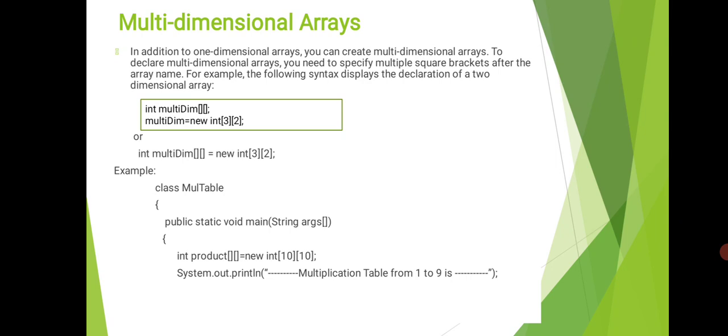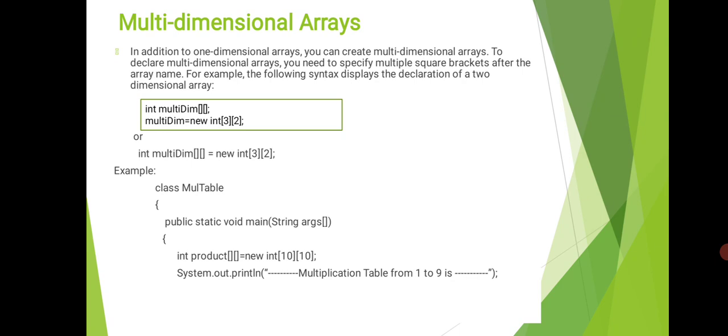These two lines, the first line being the declaration and the second line the creation of the array, can be written in a single line: int array name with two subscripts equals new int of 3 and 2. So it stores integer type data in 3 rows and 2 columns.